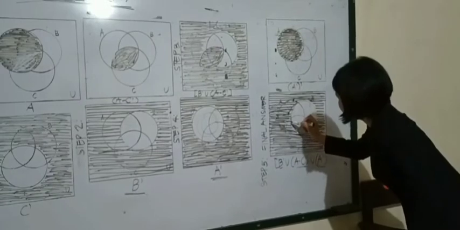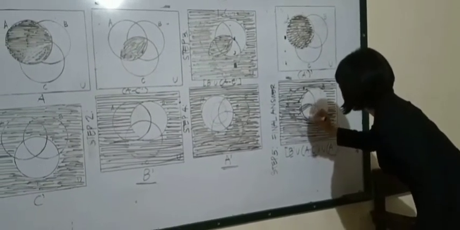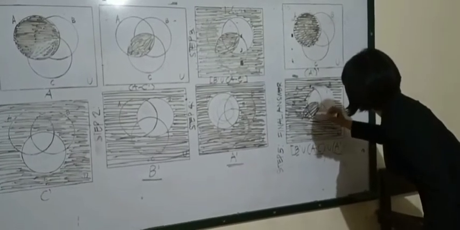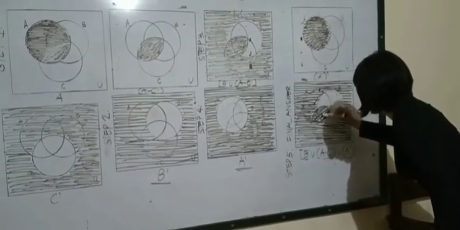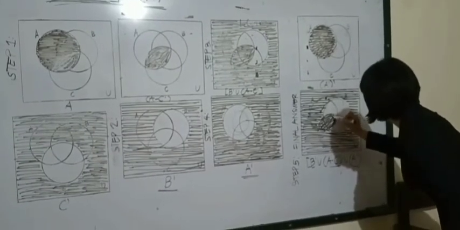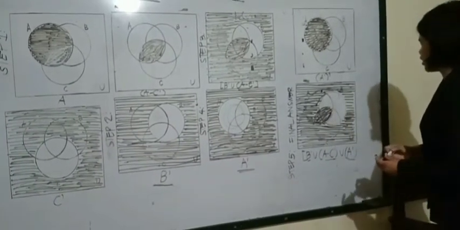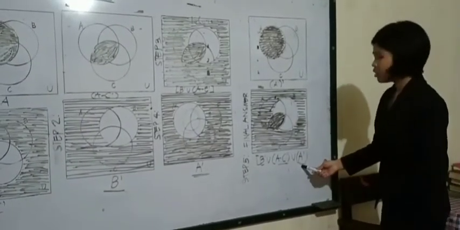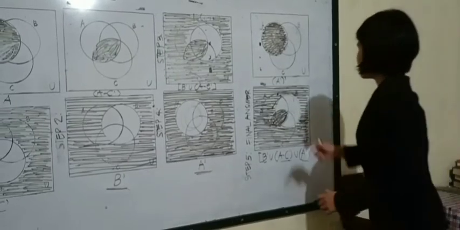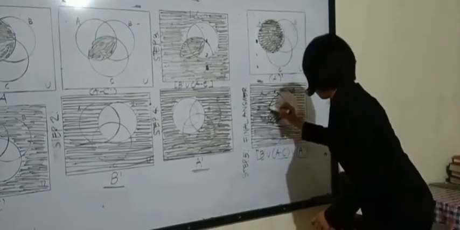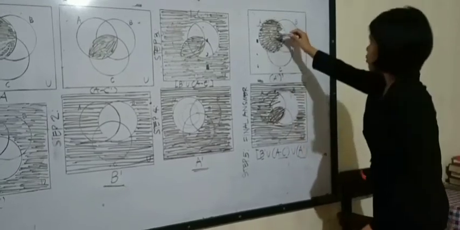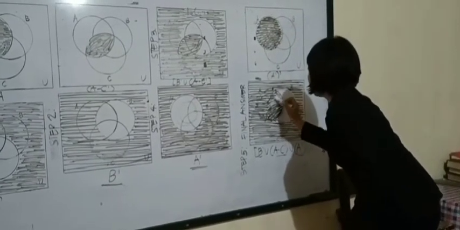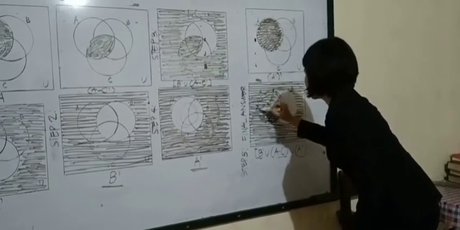So, we are going to shade this area because it is the A minus C prime. Next, we're going to shade the A prime and prime. So this is the area of A prime and prime. We're going to shade all of this set A.